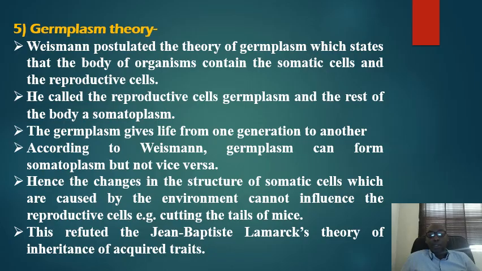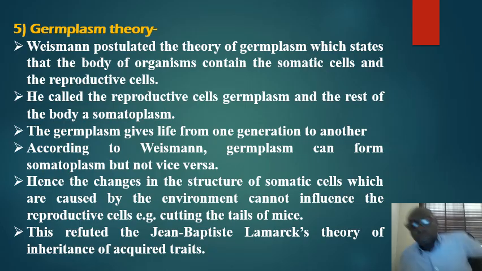Gametic cells, when they fuse, can form body cells in a new offspring. But the body cells, the somatic cells, can never form gametic cells. So he was right in that theory. Hence, the changes in the structure of somatic cells, which are caused by the environment, cannot influence the reproductive cells.